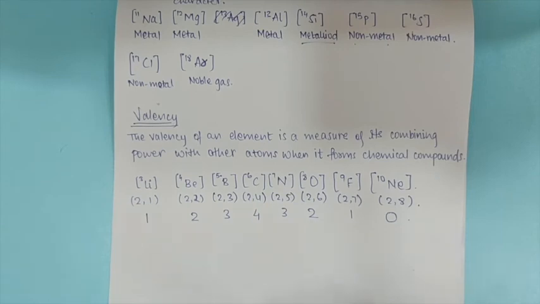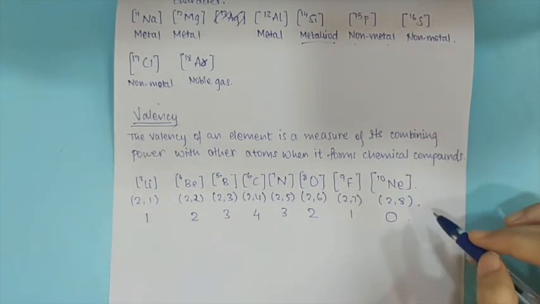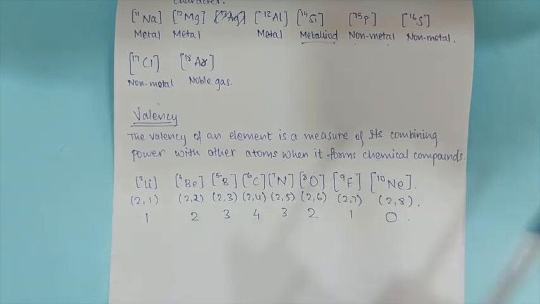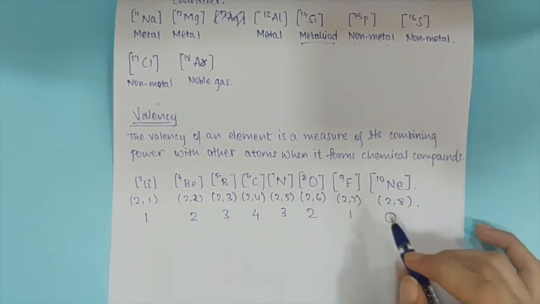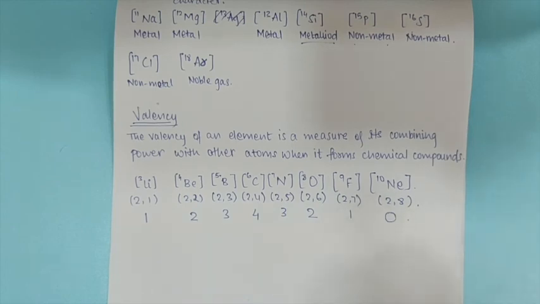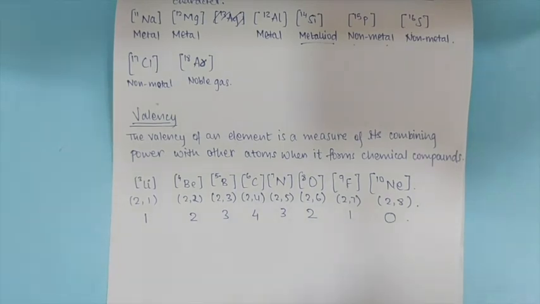Because it can gain 1 more electron to become stable. And neon already has 8 electrons present in the outermost shell and does not require any losing or gaining of electrons, and that's why the valency of neon is 0. The valencies of all the noble gases is 0 because they are stable. So I hope you got the concept of valency.